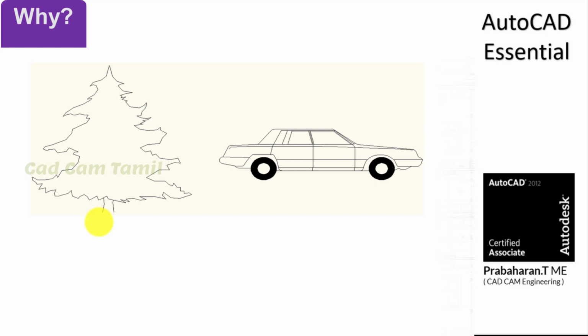So, in general, in engineering drawing, we can say the tree is a sketch and the car is called a technical drawing. A tree does not have any prescribed size and shape, so it doesn't need any engineering tool at all to draw such a tree or plant. But the technical drawing, as the name itself describes, needs technical input and, at the same time, technical tools.